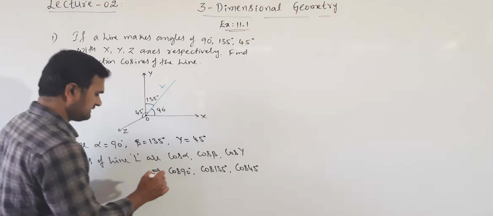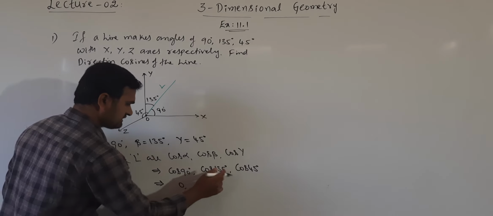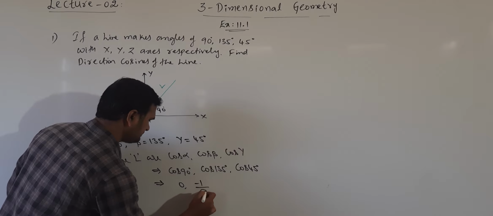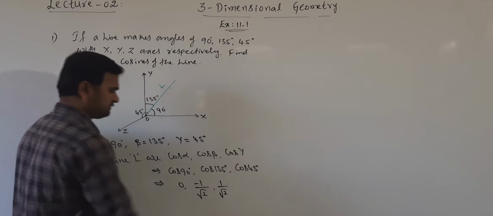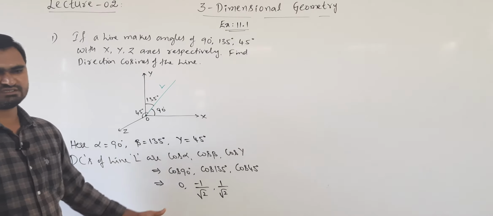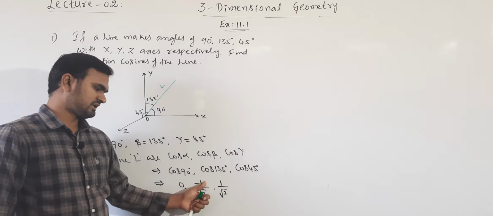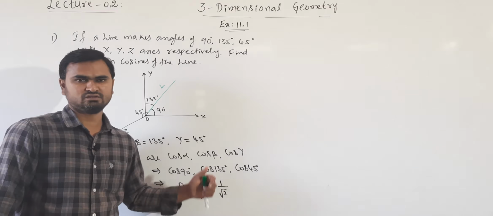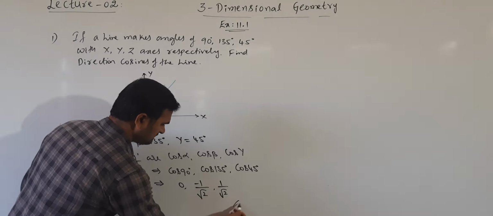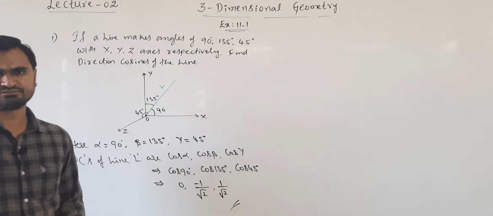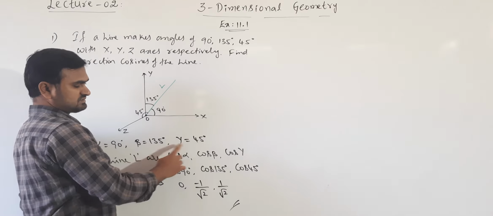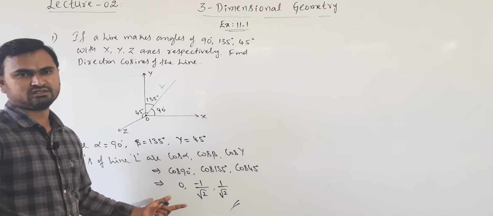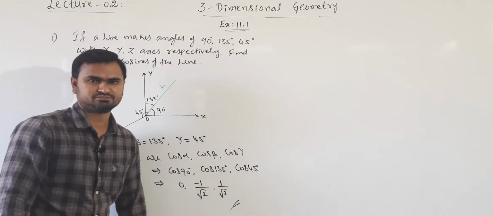What is cos 90? It is 0. Cos 135 is minus 1 by root 2. Cos 45 is 1 by root 2. So the DCs of the line are 0, minus 1 by root 2 and 1 by root 2. Understand? Angles are given means you take the cosine of these angles, which are called the direction cosines of the line.